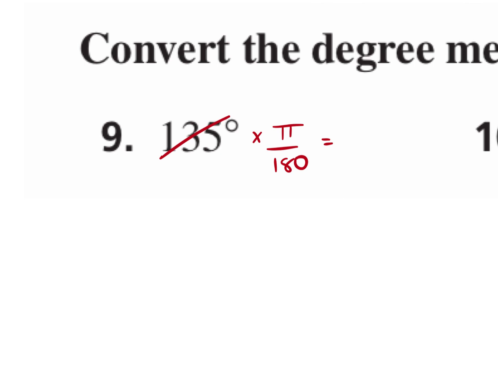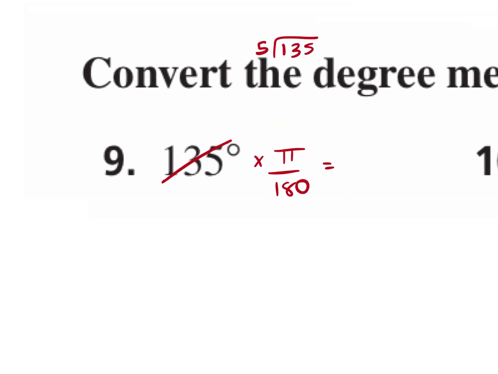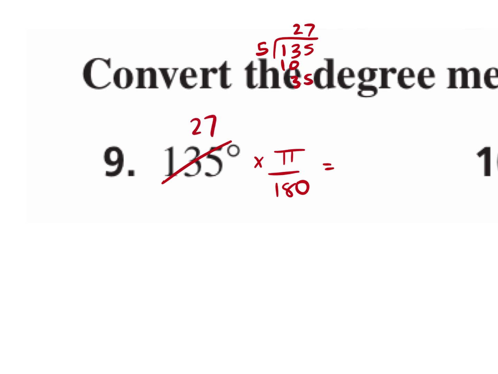So 5 goes into 135, 5 goes into 13 2 times, so 27. And 5 goes into 180, 5 goes into 18 3 times, 36. So I have 27 pi over 36.